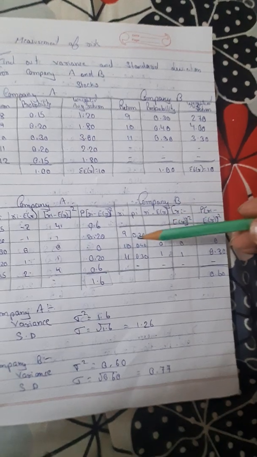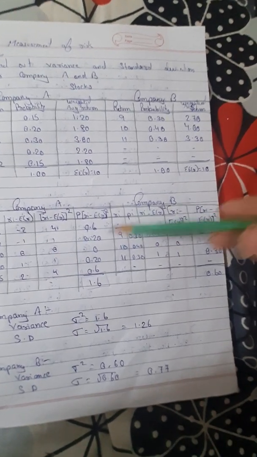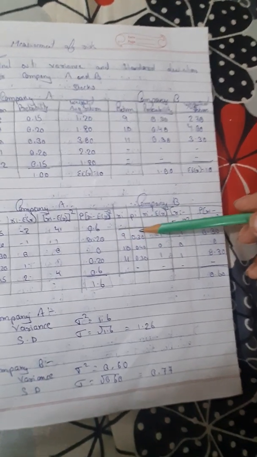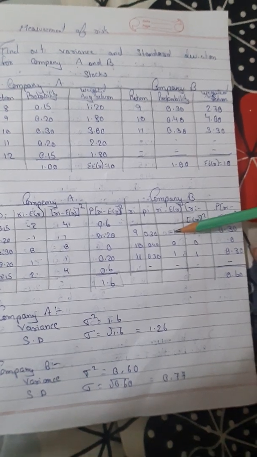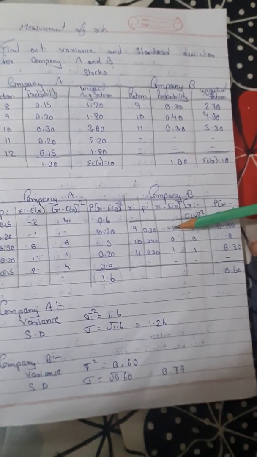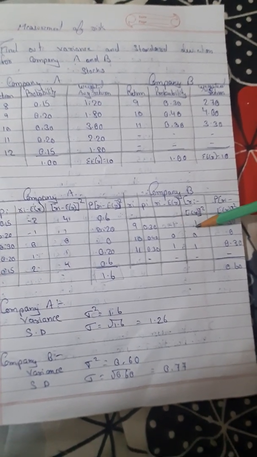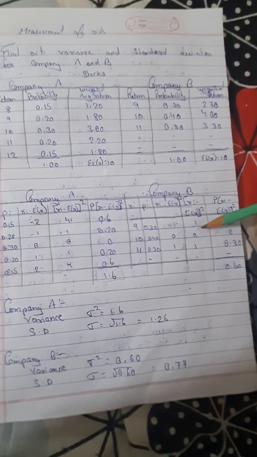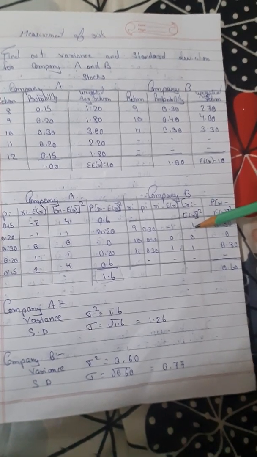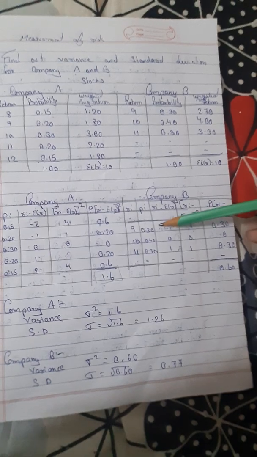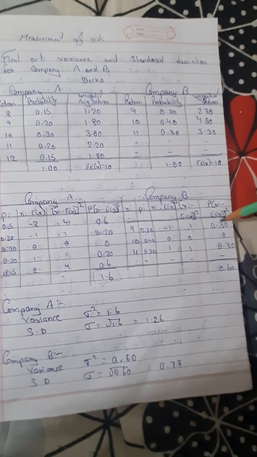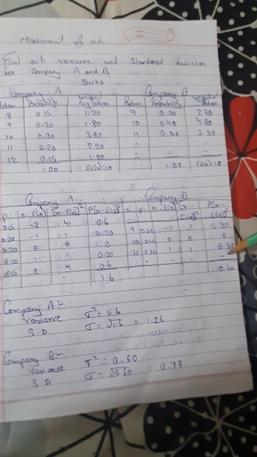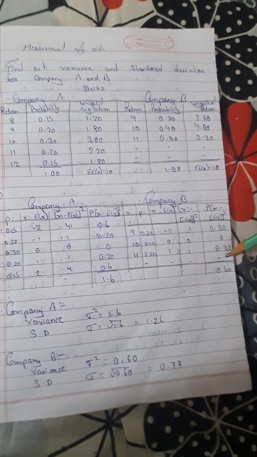For company B, the same procedure is to be done. Returns, probability, returns minus expected returns. Then Ri minus ER whole square of this column. Then multiplying it with probability.